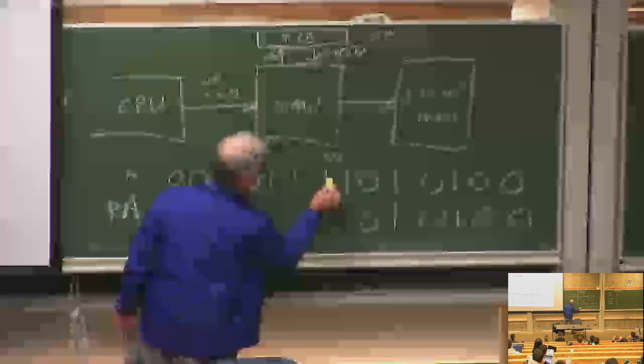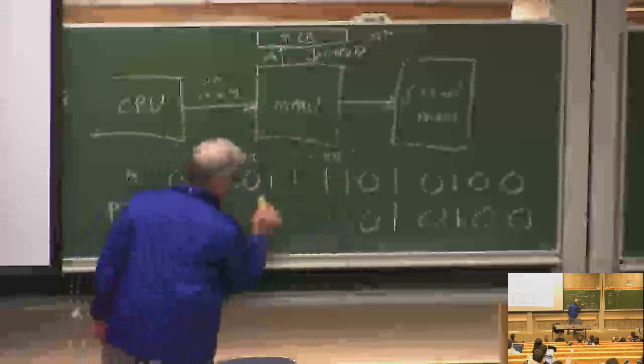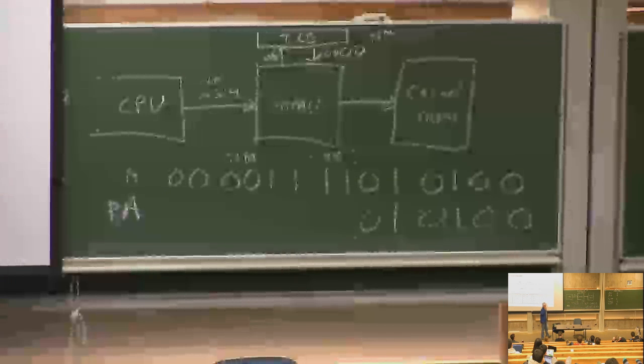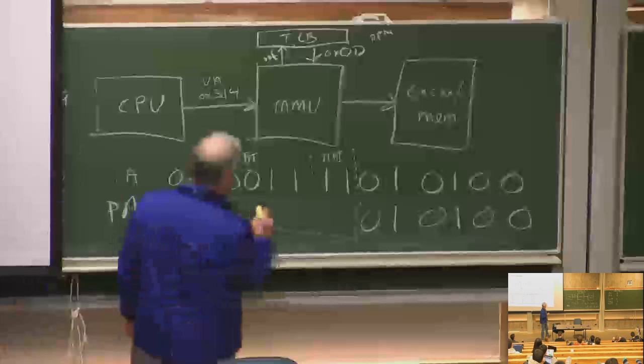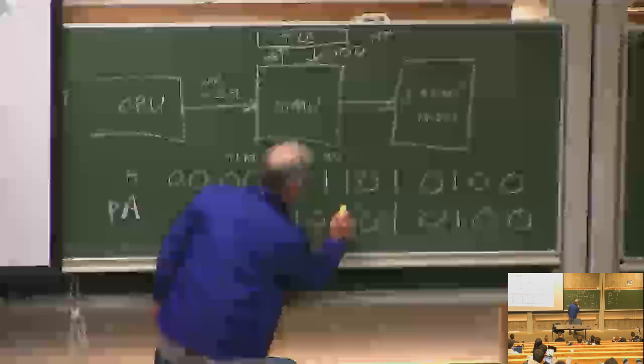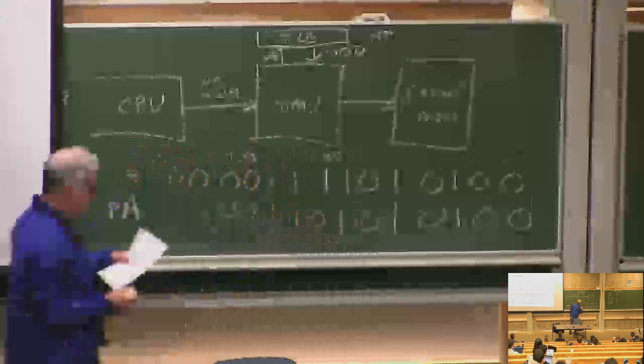How do we make this top part of the address? We've got 6 bits to worry about. Where does that come from? Exactly. That's 0D. I hope I'm doing that right.